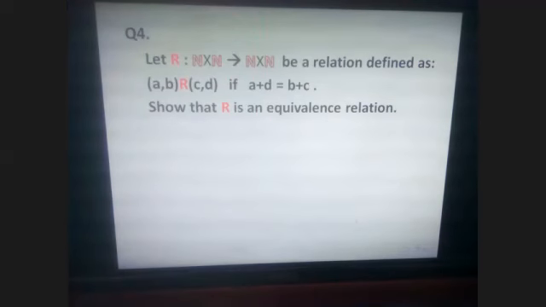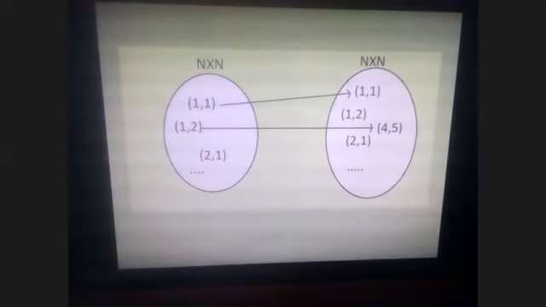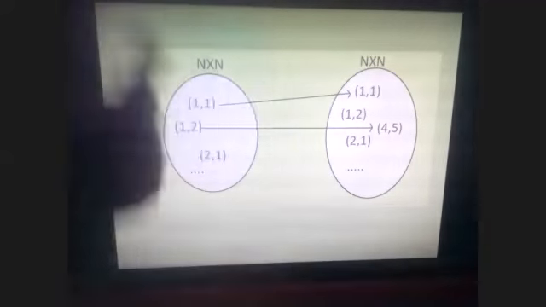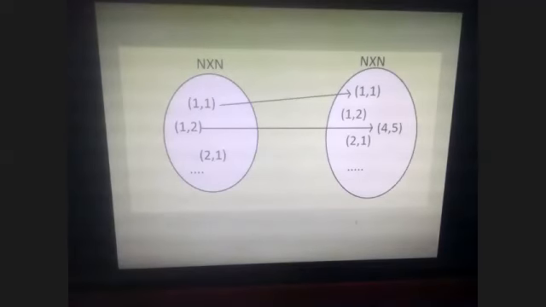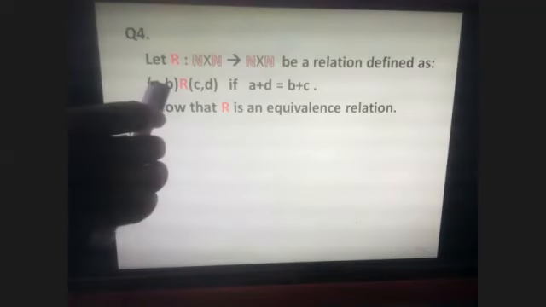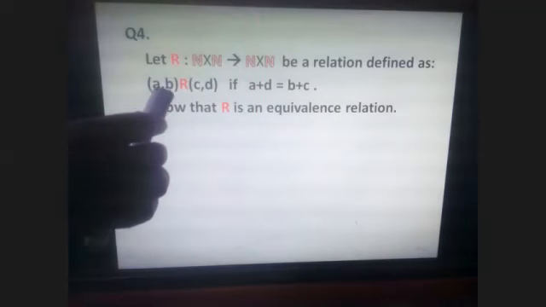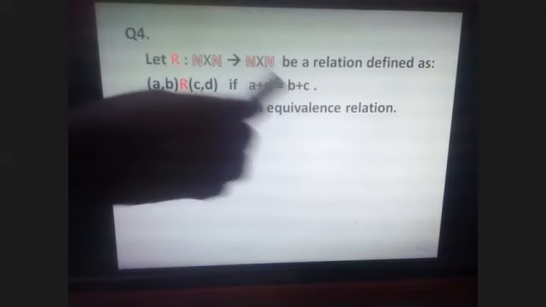Well, the relation is, you can understand from here, not from N to N. The domain itself is N cross N. The codomain is also N cross N. (1, 1) is related to (1, 1), because you know the definition is that (A, B) is related to (C, D) if A plus B, that is far ones and near ones, their sum is equal.